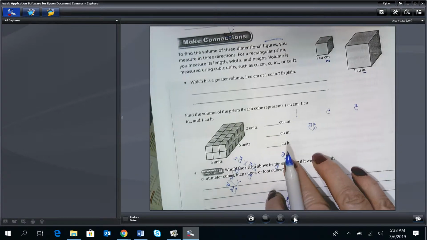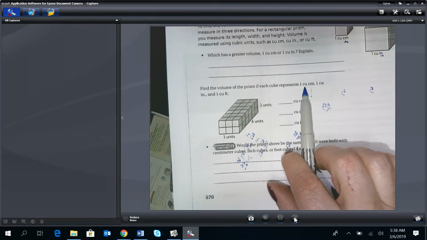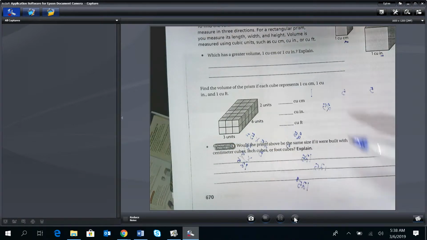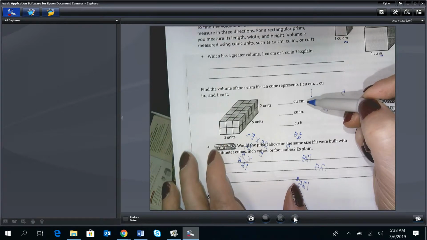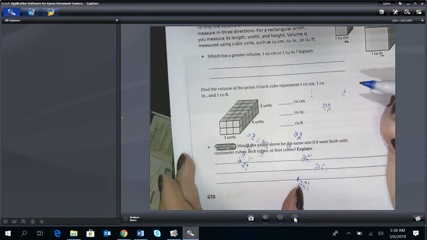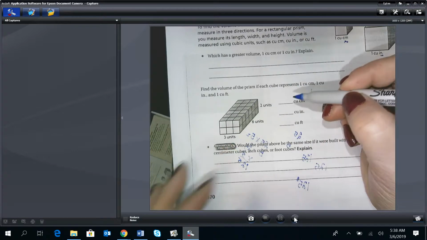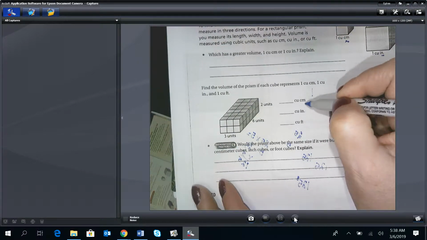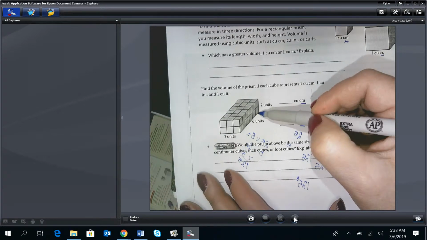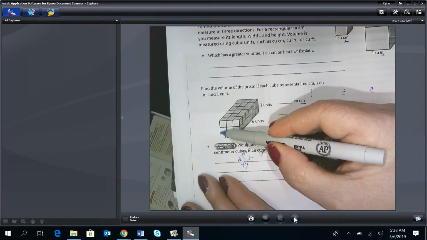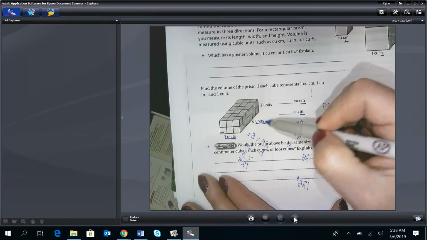So then they want you to find the volume of the prism if each cube represents 1 cubic centimeter. So we're just going to write cubic centimeters. Okay, if it was centimeters, would it change just because it's a centimeter, an inch, or a foot? Well, let's find out. We're going to do length times width times height.